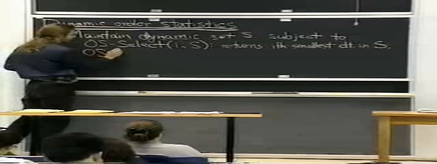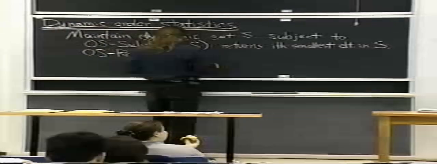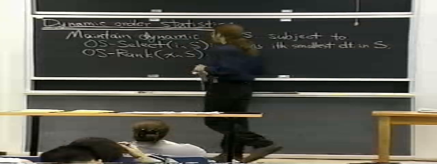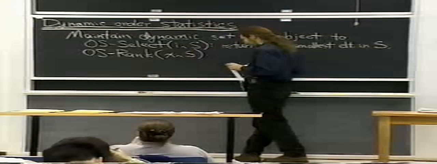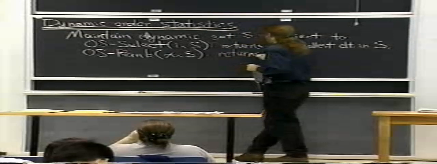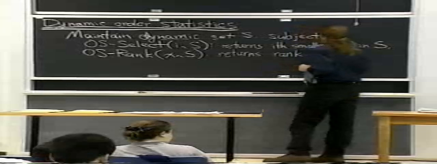Something else we'd like to do is called rank. This is sort of the inverse of the select operation. So if you give me some element x in S, I want to know the rank of that element.